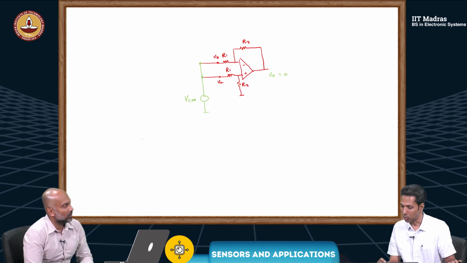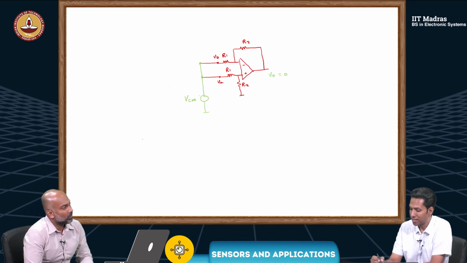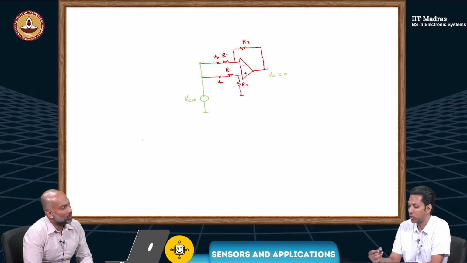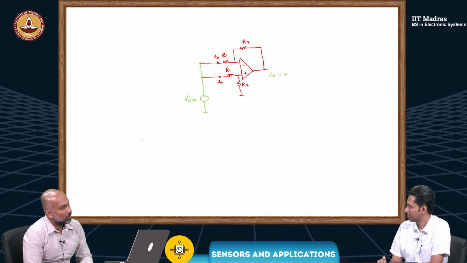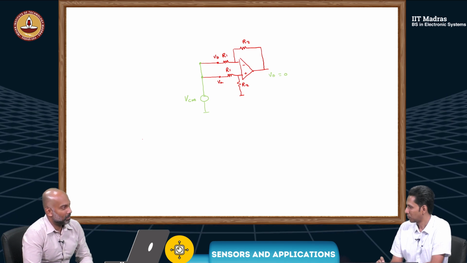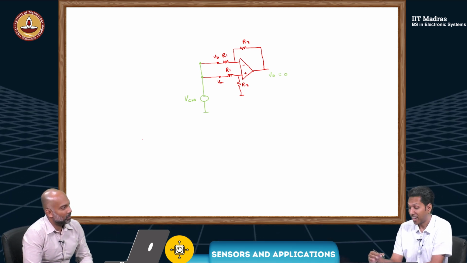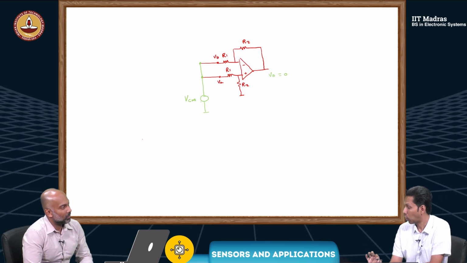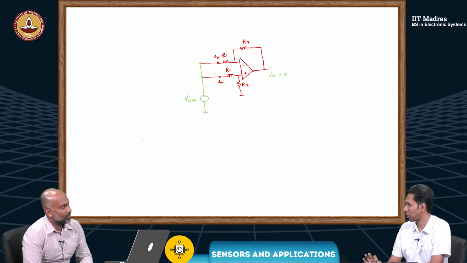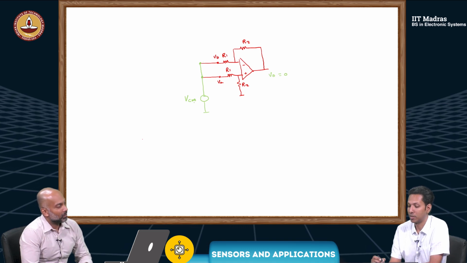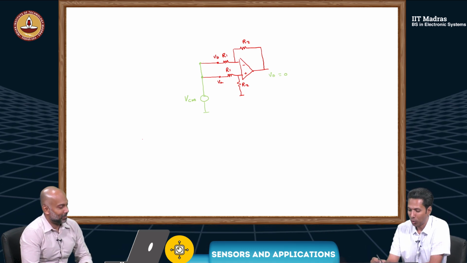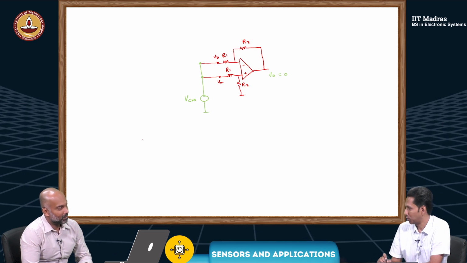So the circuit is able to reject the signal which is common to these terminals. That's an additional benefit it has. All circuits will not have this property. That's why I mentioned VCM is the common mode voltage, a voltage common to these two nodes.